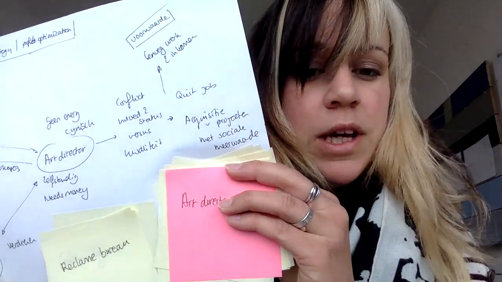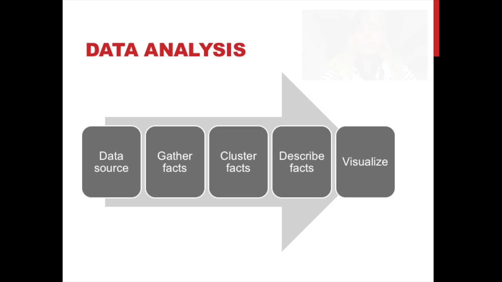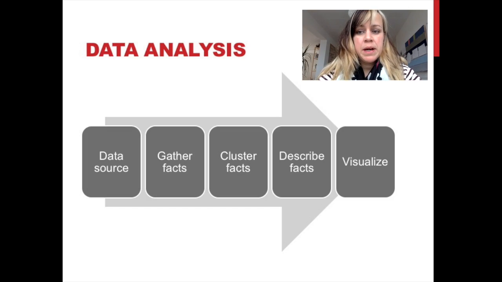I call it a relation diagram. For my research, this is quite interesting. So returning back to this overview, I gathered the facts and put them in a relation diagram. That was my form of clustering, but you can do that also in other ways. I will come back to that later and give you more examples.